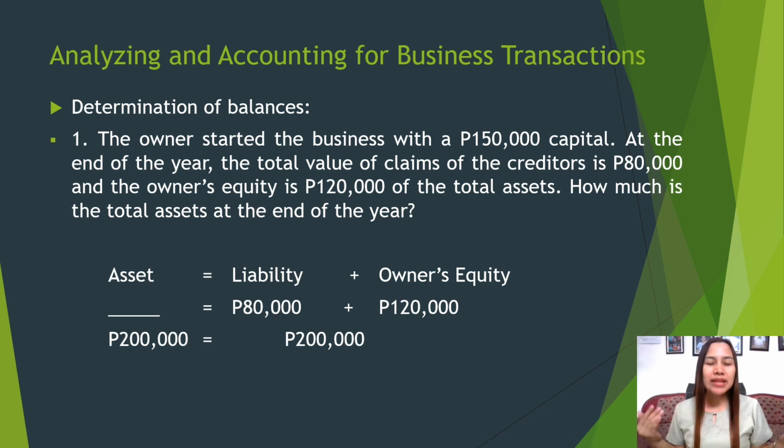So in here we maintain the accounting equation, assets is equal to liabilities plus equity. So 200,000 assets equal to 200,000 liabilities and owner's equity. So the total assets at the end of the year is 200,000 pesos.